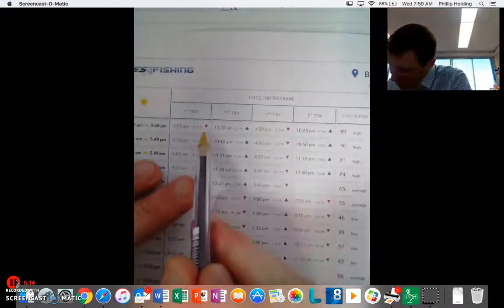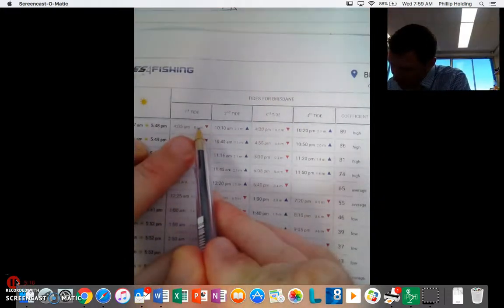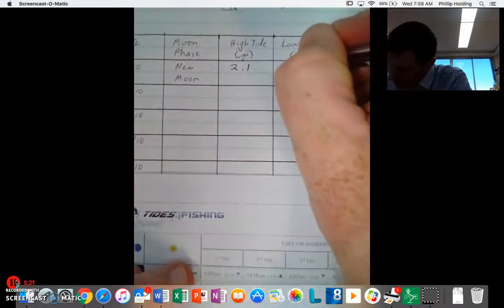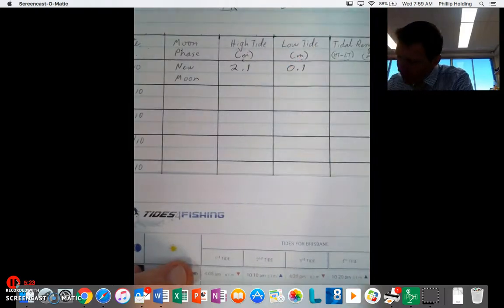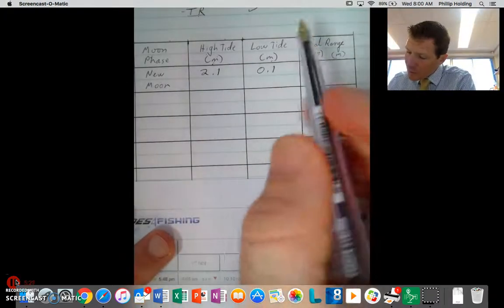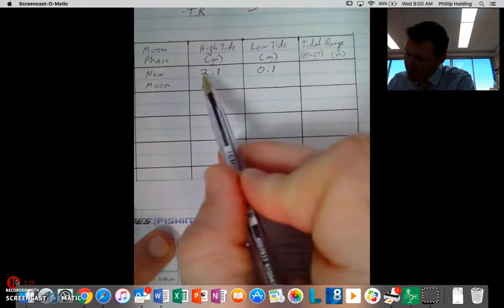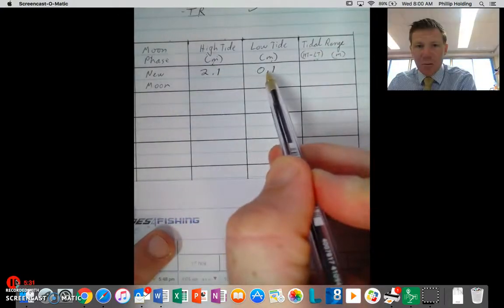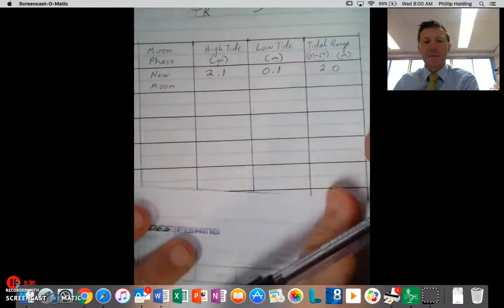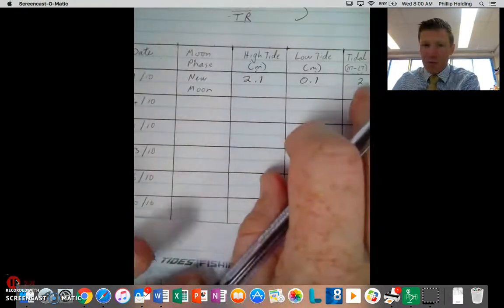My low tide, however, this one is 0.1 and this one is 0.2. So the lowest tide is 0.1. Okay, and then to work out my tidal range, high tide minus low tide, 2.1 take away 0.1 is 2.0 meters. And so that's my tidal range.